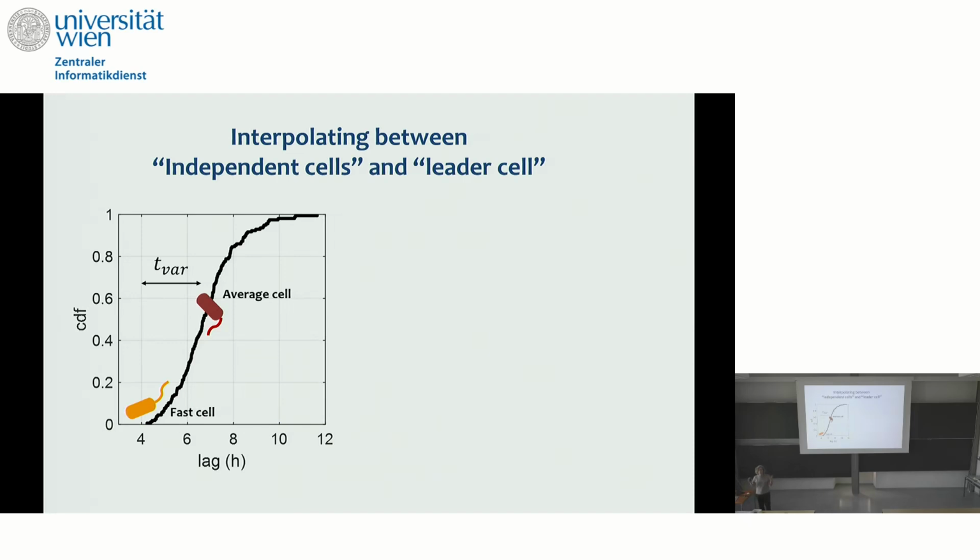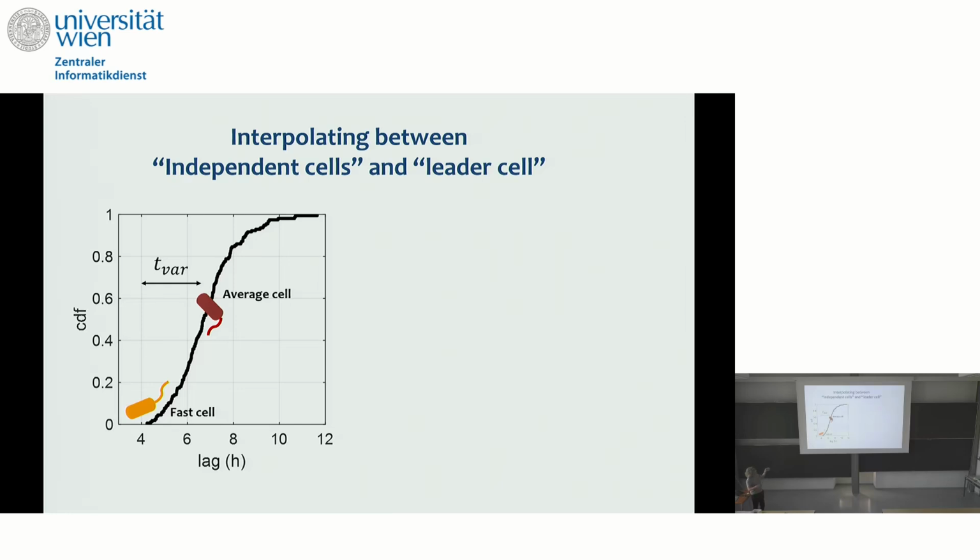So I've told you about 2 extreme cases, one of them independent cells and one of them completely synchronized cells. You can think about the intermediate case where there's a signaling between the cells, but not all of them immediately receive the signal. Again, I'm going to cut this a little bit short because I want 2 minutes to say something general about extreme values.